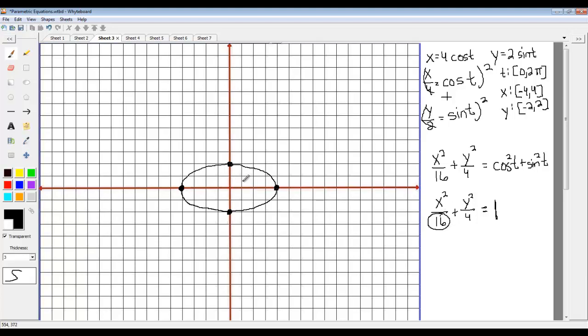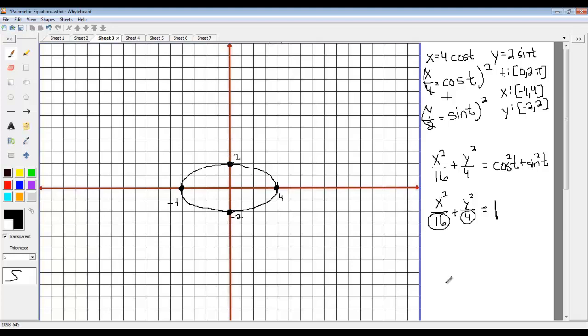So the square root of 16 is 4, so we went 4 here and negative 4 there. And the square root of 4 is 2, so we went 2 up and negative 2 down there. And that's the ellipse centered on the origin. You have this equals 1. But again, you don't have to necessarily know everything about ellipses. You could just do a table of values and you would get this shape come out of it.